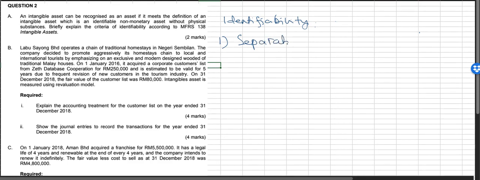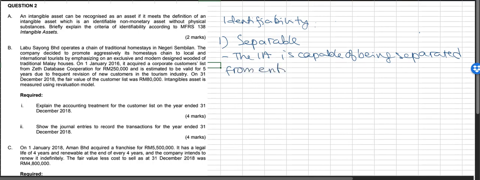One, it is separable. What does it mean by separable? It means that the IA is capable of being separated from the entity and sold. You can sell it separately, or you can transfer the asset to another party.